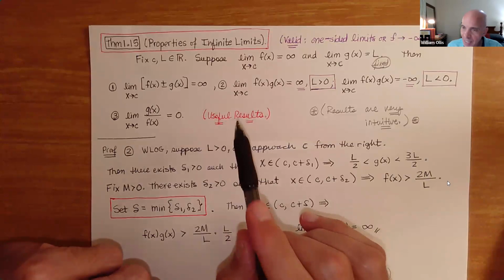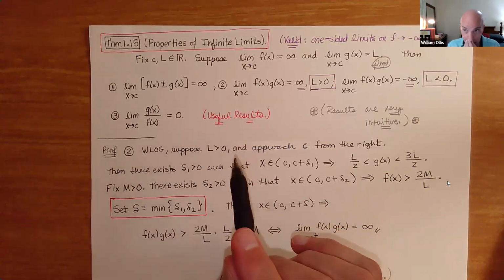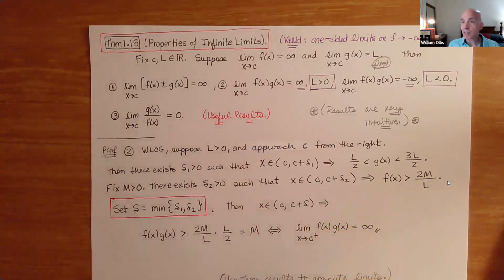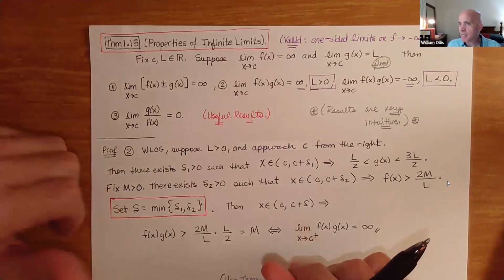Now, what's interesting, and this is not at all a surprise, this is what I tell my students: infinity plus finite is infinity. Okay, you think of the infinity as just kind of overtaking anything that's finite, even though it's not a number. It's just larger than any number. Infinity is larger than any number, and so you can't add anything to infinity, even though it doesn't really make sense to do so.